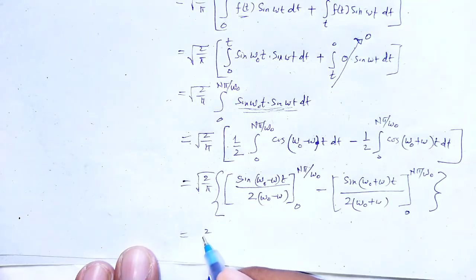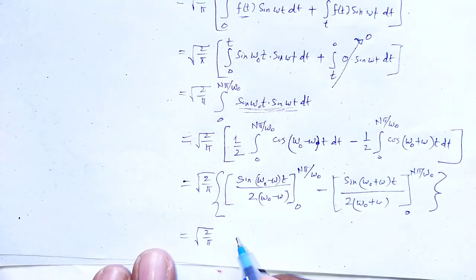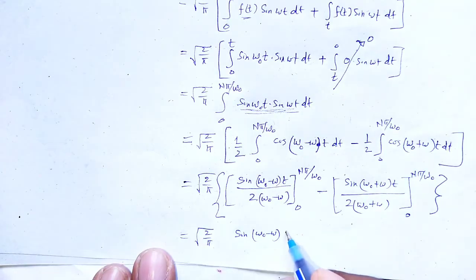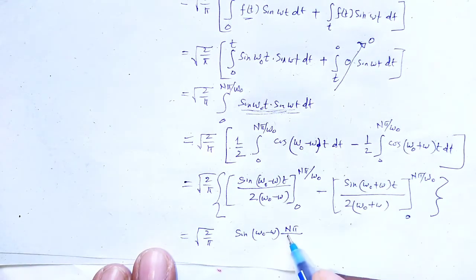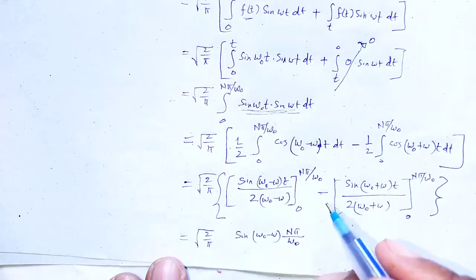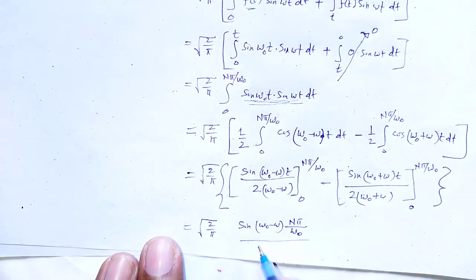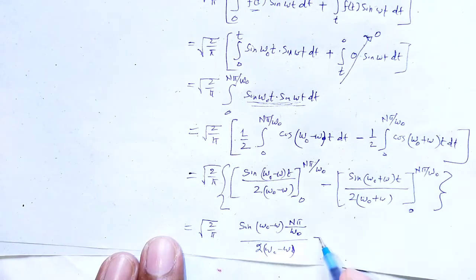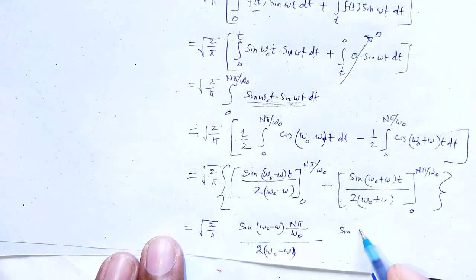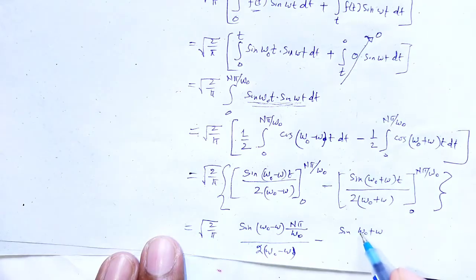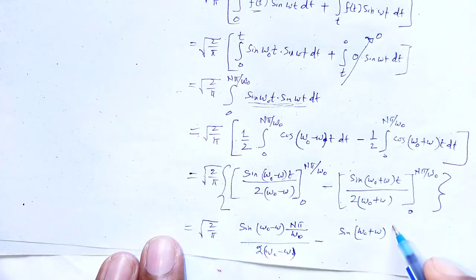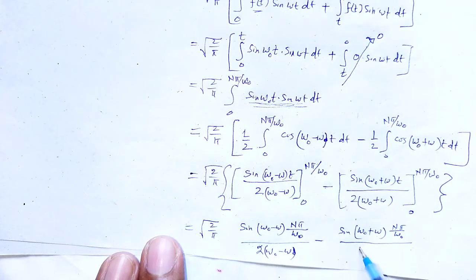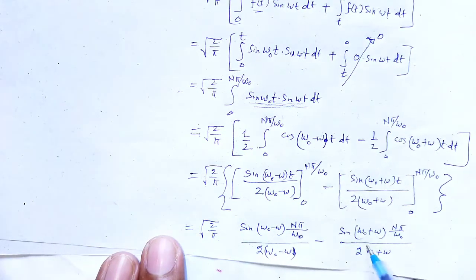Therefore 2 by pi under root, sin (omega naught minus omega) n pi by omega naught in place of t, using upper limit minus lower limit, divided by 2 (omega naught minus omega), minus sin (omega naught plus omega) instead of t, n pi by omega naught, divided by 2 (omega naught plus omega).